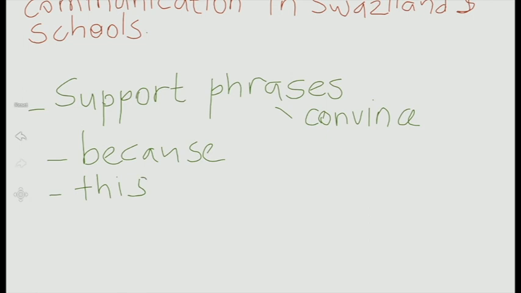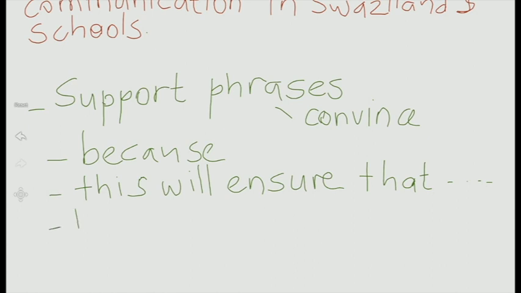And then you're going to say that "this will," and you use will instead of may, because it means that you are convinced about this, because you need to be convinced yourself before you can convince someone else. So "this will ensure" whatever then you put as a reason for speaking English at all times in schools in Swaziland. So this is a support phrase.